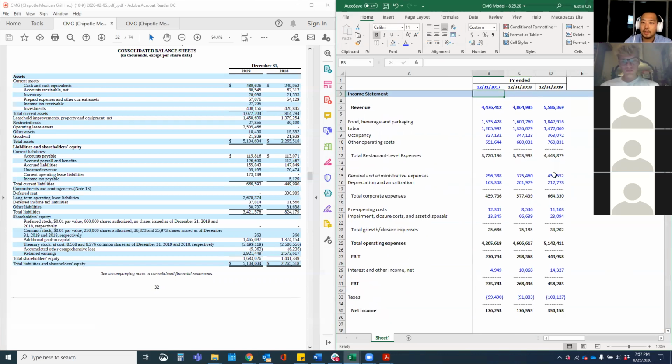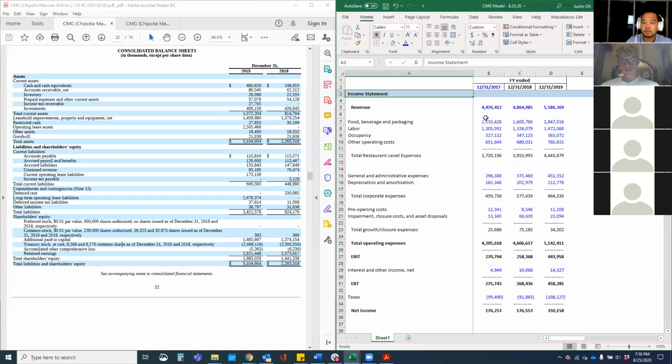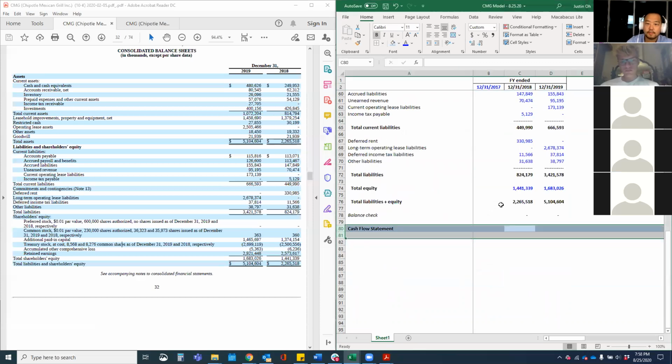So we're starting out with an annual. I know I keep saying that, but I just need to make sure that everyone knows. Cash flow statement.